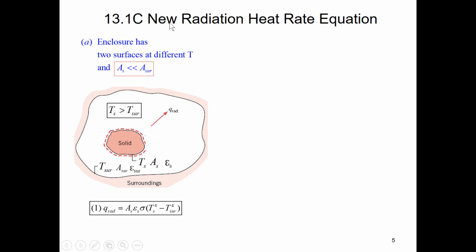C. New radiation heat rate equation. In the past, we introduced equation 1 to calculate the radiation heat rate between a small solid surface and a large surrounding surface.